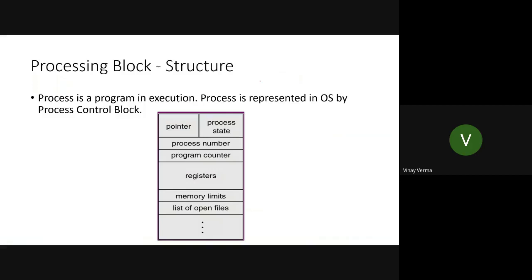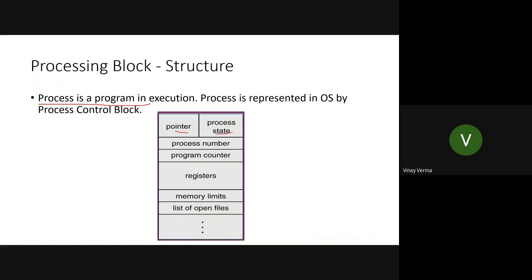Okay, now process control block. A process is a program in execution. So whenever a program is executed, it is known as a process. The process is represented in OS by the process control block. So let's just suppose it is your game. You just started your game, and there are multiple things present in this process block.